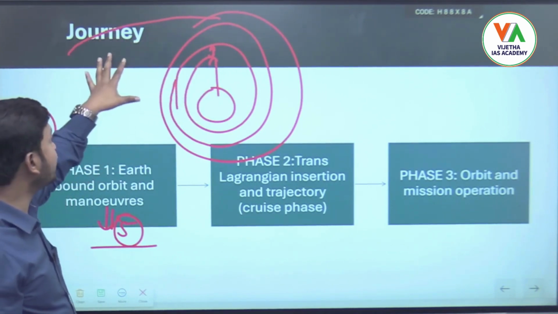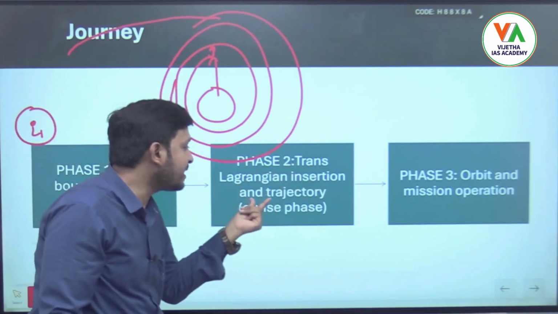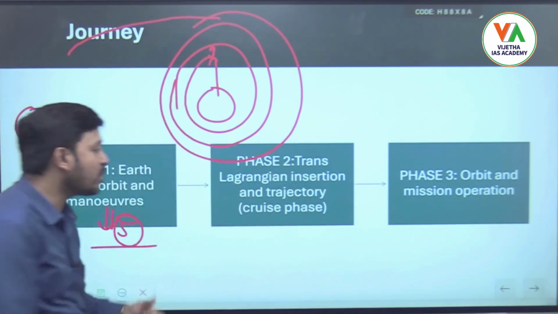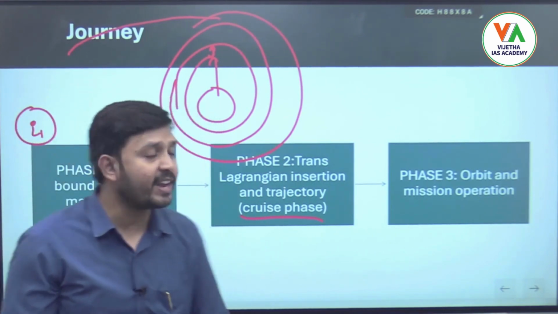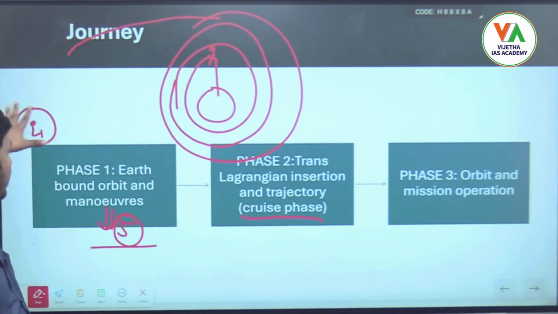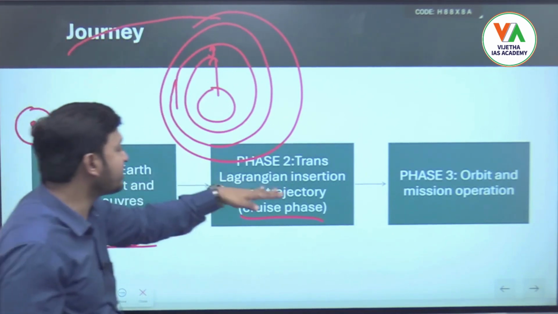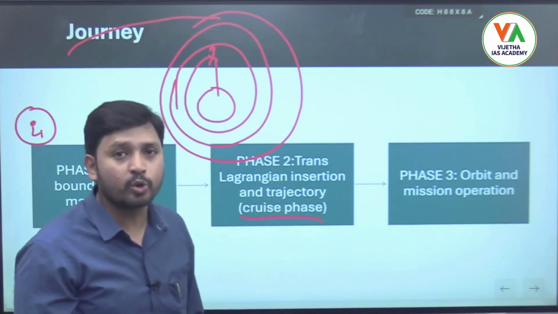Okay, so this journey is called phase 2, which is called trans-Lagrangian insertion and trajectory, which is also in shortcut called the cruise phase. It is also called the cruise phase, where from this earthbound orbit we have started its journey towards this L1 point, that is called trans-Lagrangian insertion and trajectory, which is also called the cruise phase.